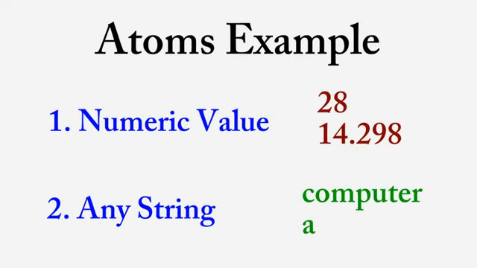Atoms example: for numeric values, we can store any numbers such as 28 or 14.298. For string atoms, you can store any string, such as computer, or you can store A.